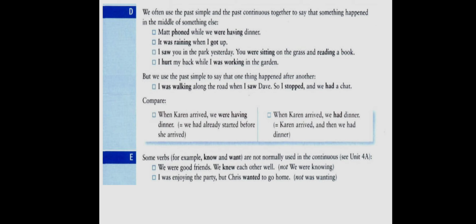So it becomes like this: you were sitting on the grass and reading a book. These are the long actions. They are written in the past. And the point of time in the past is when I saw you in the park yesterday, meaning, for example, yesterday at 6 o'clock.